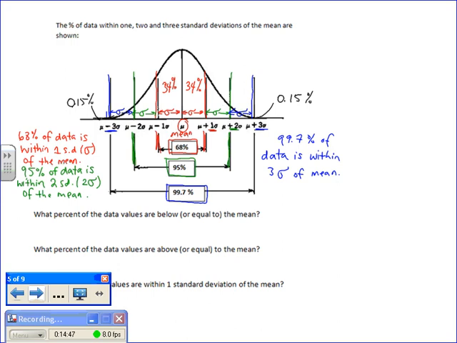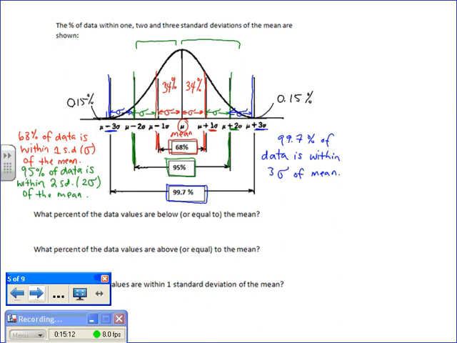It's also then true to say, if I look at the green section here, on either side, so if I look at 2 standard deviations above the mean, from here to here, that's half of 95%. And then over here would be the other half of 95%. So I can figure out what that is.